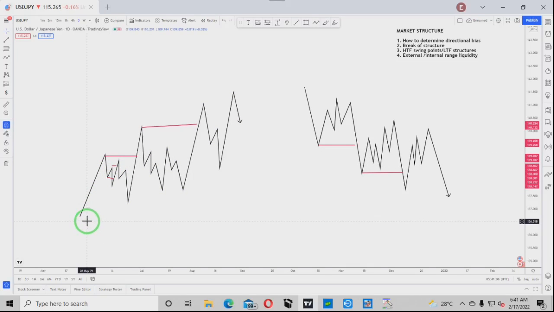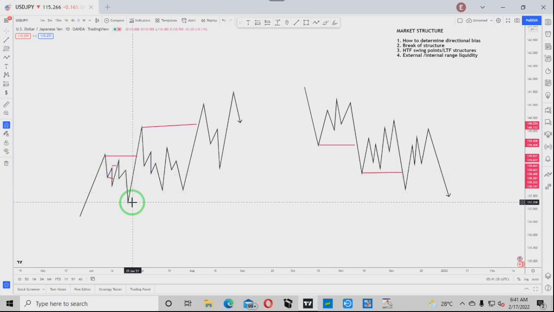Price did all this confusion here, this complex pullback. Complex pullback is any pullback in between a major swing high and a swing low. Anything that happens in between a major swing high and swing low is known as complex pullback. I want you to understand that.